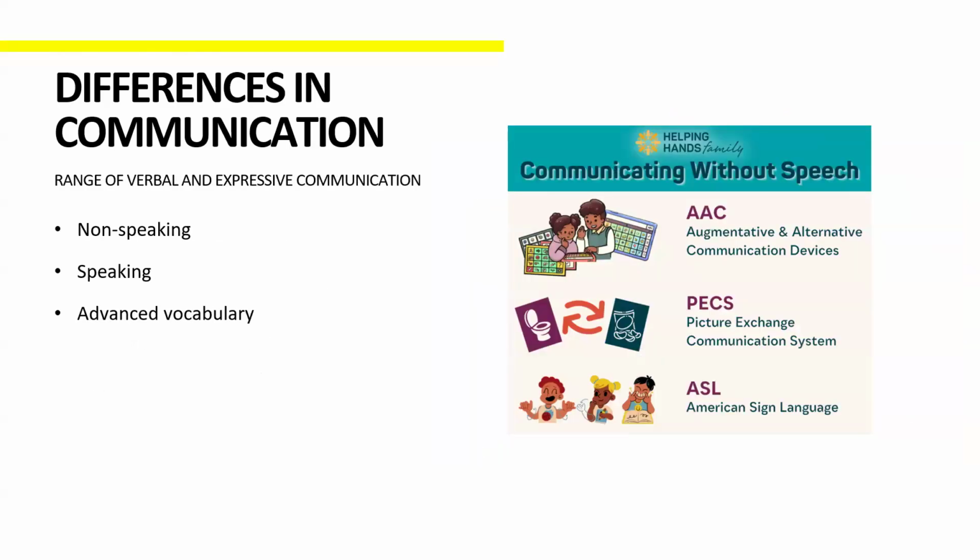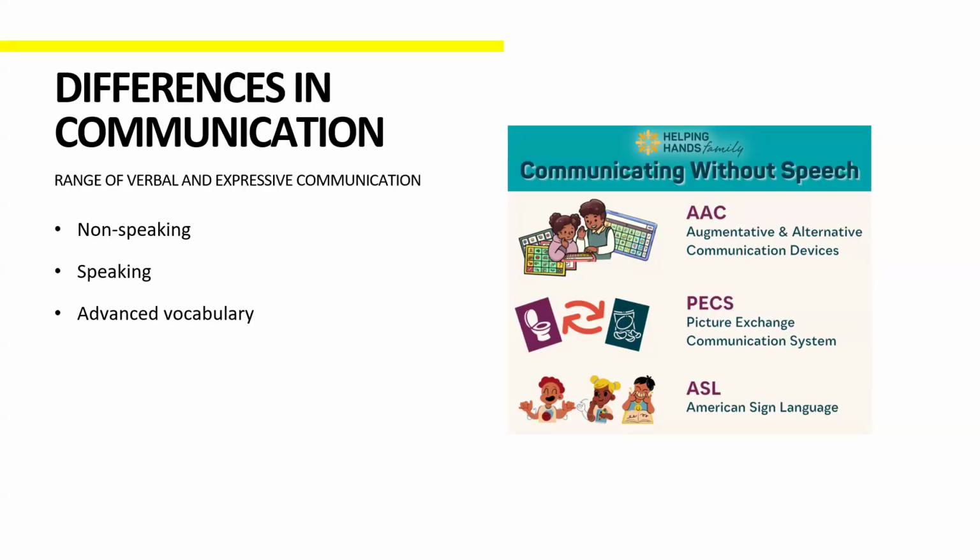Verbal and expressive language can also be an area where we see some differences. Autistic individuals have varying levels of ability to communicate with others. Expressive language and receptive language can be difficult. That is the ability to receive and output communication with others. There are also varying levels of verbal communication.